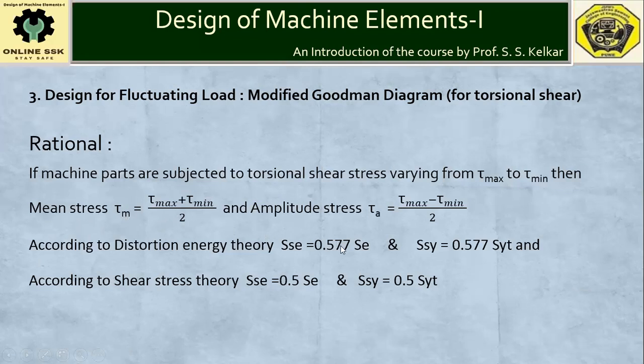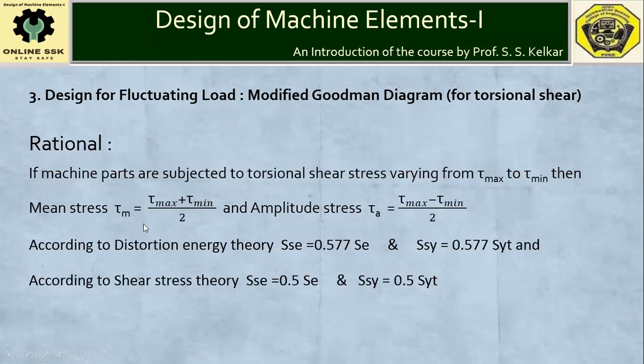And amplitude of torsional shear stress, tau a, will be calculated as tau max minus tau min divided by 2. This is the same as in the case of fluctuating stress wherein the nature of the stress is direct stress. Here, the difference is that torsional shear is getting induced inside the machine part, which will be of fluctuating nature.